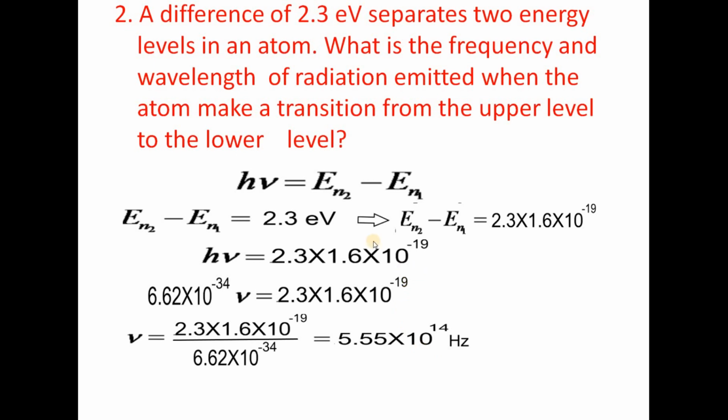Now we need to calculate the wavelength also. Wavelength can be easily calculated because we know c is equal to nu lambda. c is the velocity of light, nu is frequency, lambda is the wavelength of radiation emitted. Using that formula we can calculate the wavelength of radiation emitted.